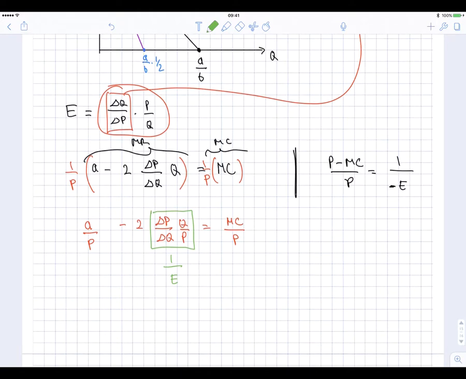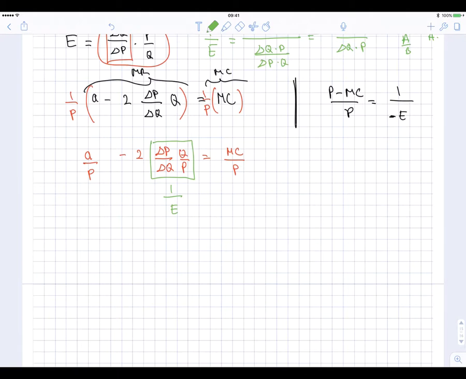If I take this and I do 1 over the elasticity, I'll have 1 divided by delta Q times P over delta P times Q. Go to the rules of how to deal with this inversion. It's the same thing as flipping them. So delta P times Q over delta Q times P. Right? You can flip those. So I'm just using the rule 1 over A over B is the same thing as B over A. So I can flip the numerator and the denominator.